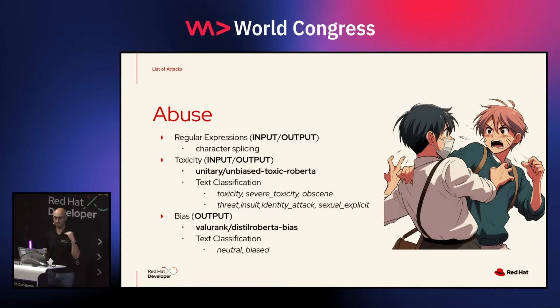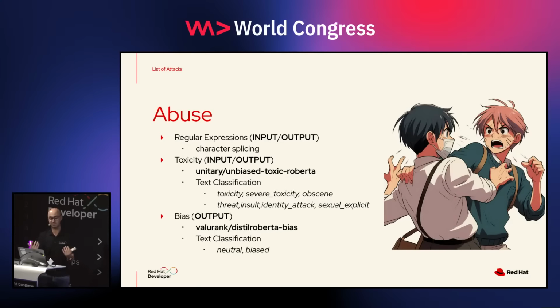Then, there is also any kind of abuse that you can check with regular expressions. Sometimes you say, "I don't want any of these words in my chatbot," so you can just detect this abuse and filter it. The same goes for toxicity. You want to classify the text that you are providing to the users, or the text that the user is sending to your model.